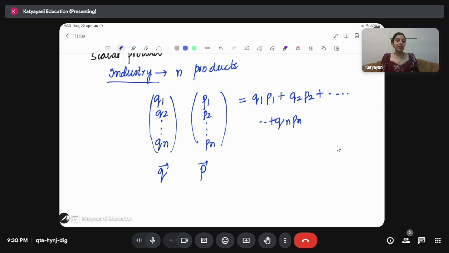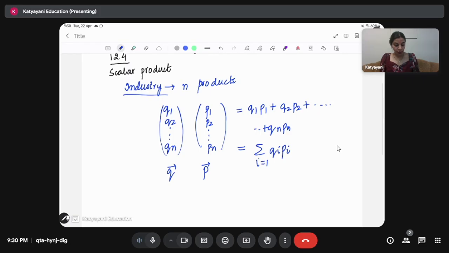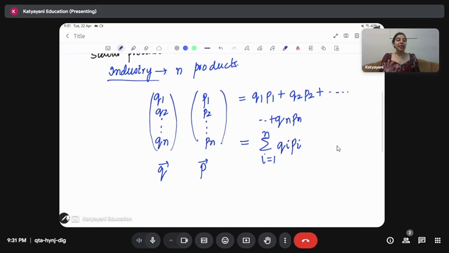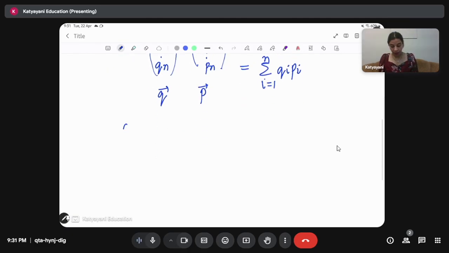So this here is called the scalar product of two vectors Q and P. What is the definition of scalar product? I can also write it as the sum of Qi Pi, where i varies from 1 to n. So this is the scalar product. The scalar product is always denoted with a dot in between. So Q dot P is called the scalar product of Q and P, where we are multiplying the corresponding elements of the two vectors.